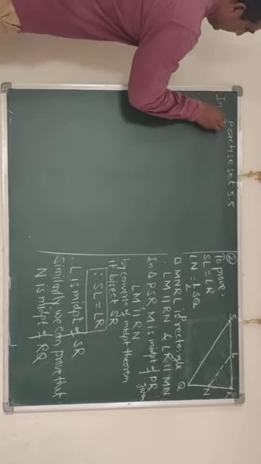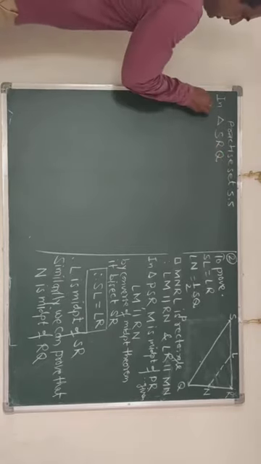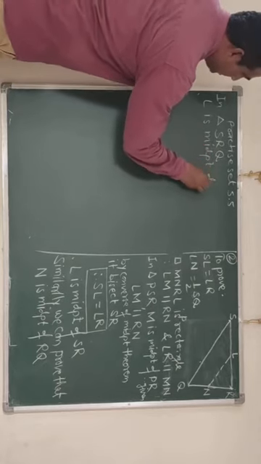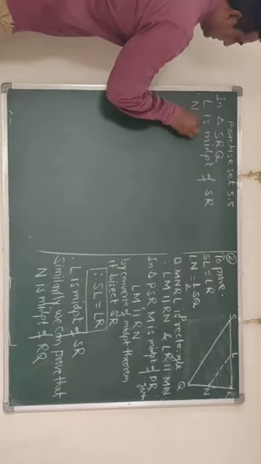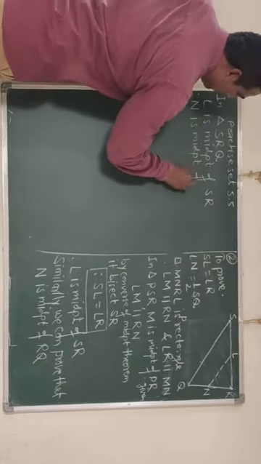In triangle SRQ, L is midpoint of SR. N is midpoint of RQ.